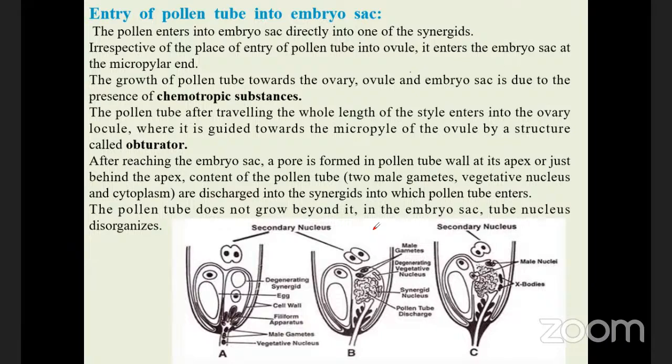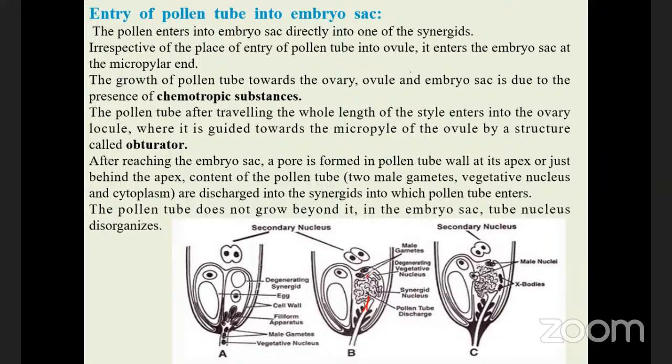The next step is the entry of the pollen tube into the embryo sac. Till now we have been studying up to reaching the embryo sac, the ovule only. Whenever the pollen tube reaches the synergids, the companion cells, it discharges the two male gametes in the synergid.